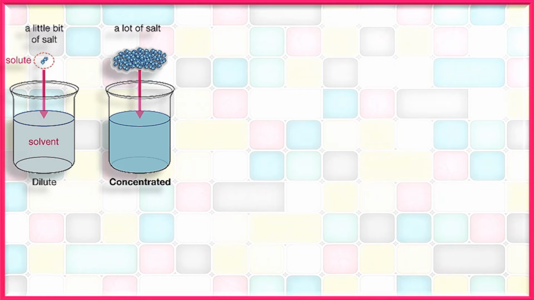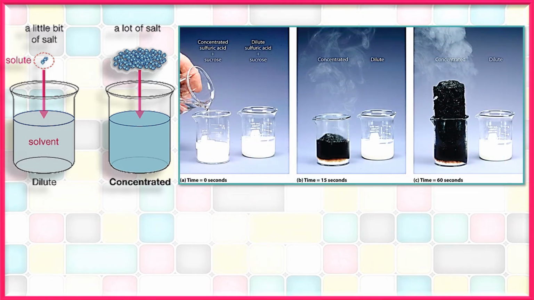When there is more amount of the solvent, like water, something that dissolves a solute, then we say that it is dilute. But when there is a lot of solute in water, then we say it is concentrated. So 1 teaspoon of salt in water is a dilute solution, and 20 teaspoons of salt in water is a concentrated solution.